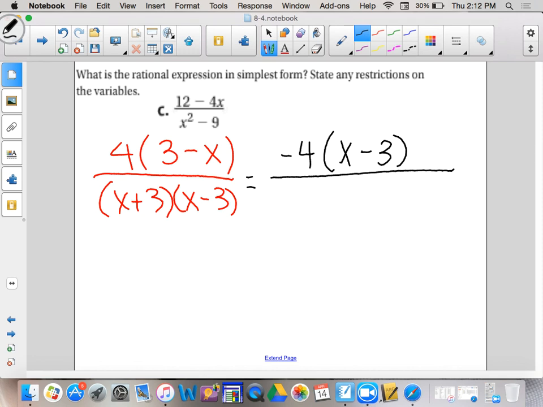Because if I take a negative 1 out, I would get a negative x and a positive 3, which is the same thing I got over here, positive 3 and a negative x. So it's like I'm taking a negative out so I can put x up front. It will always be like that if you just memorize it: if it's 3 minus x, negative 1 on the outside, switch them around, x minus 3.